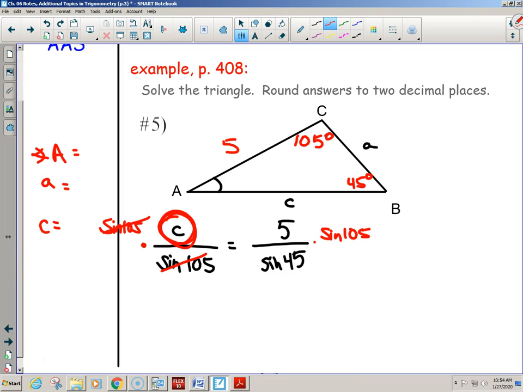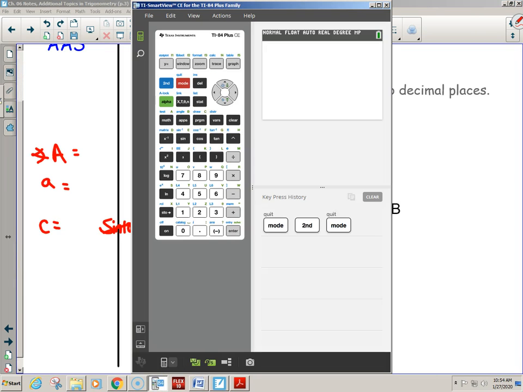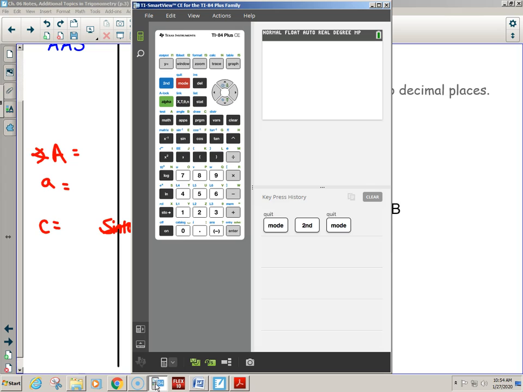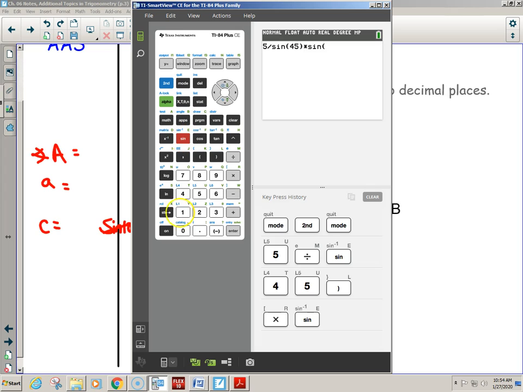Just throw it in. Now, it's not that big a deal that you do this right now, technically, because of PEMDAS. PEMDAS just says multiply and divide from left to right as far as order of operations, and your calculator will understand those proper order of operations if you do them right here, as far as sine, literally, 5 divided by sine times, then you have the other sine.